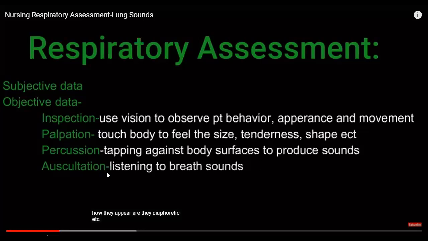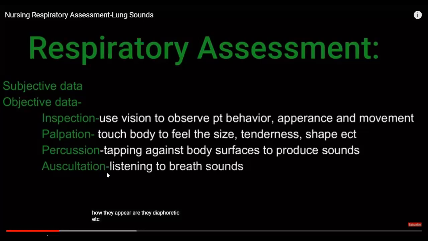Another one we can get is called bronchovesicular. So one is bronchial, another is bronchovesicular, and the last one is vesicular. Vesicular sound we can get in the peripheral lungs.